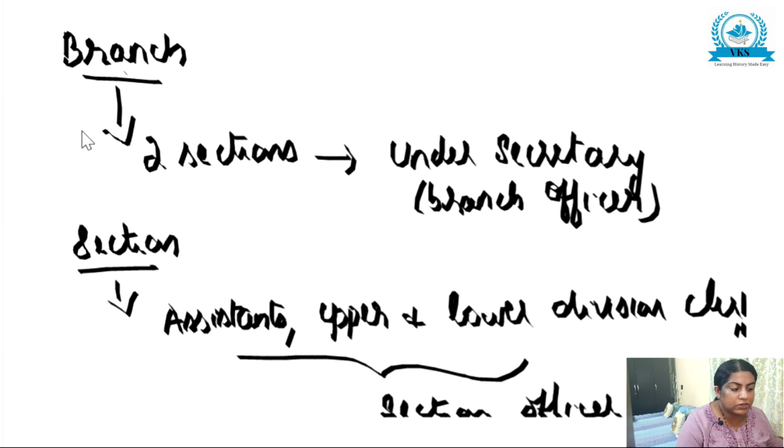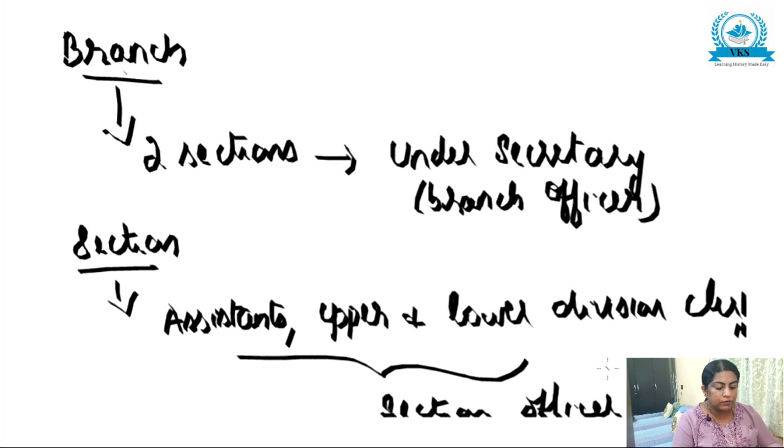So a section consists of assistants, upper division clerks and lower division clerks, and they will be headed by a section officer. The initial handling of cases, noting and drafting, are all carried out by these assistants.